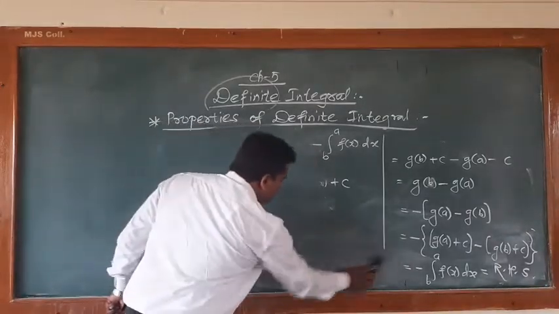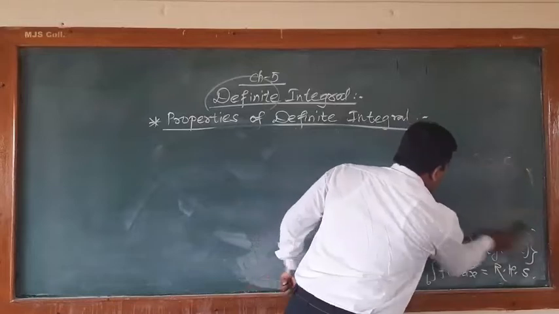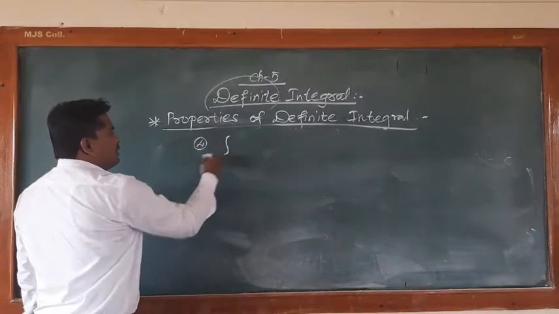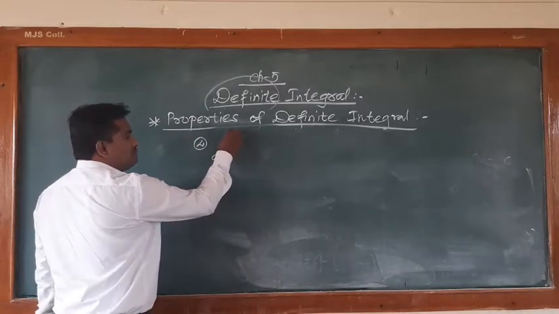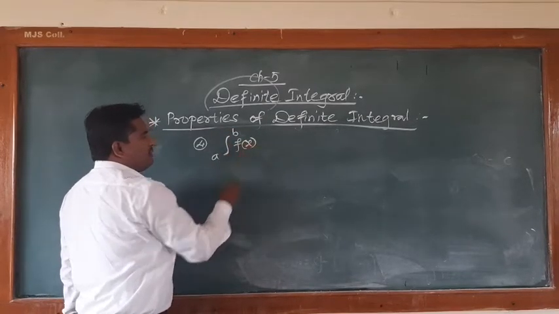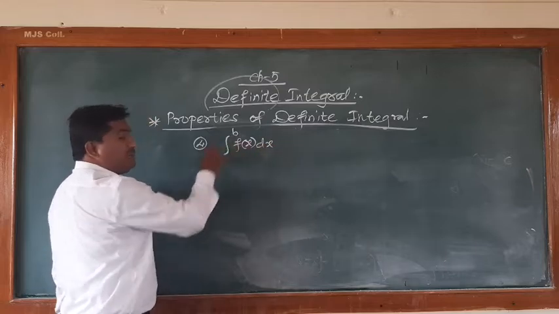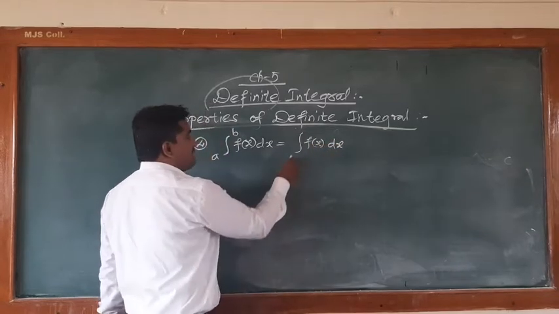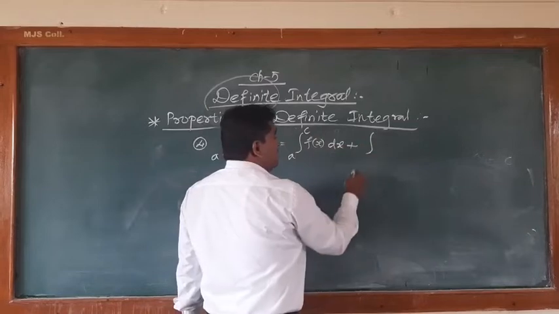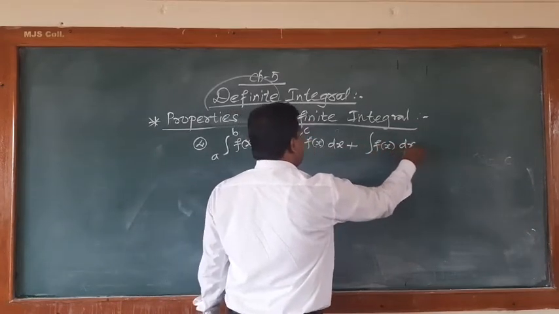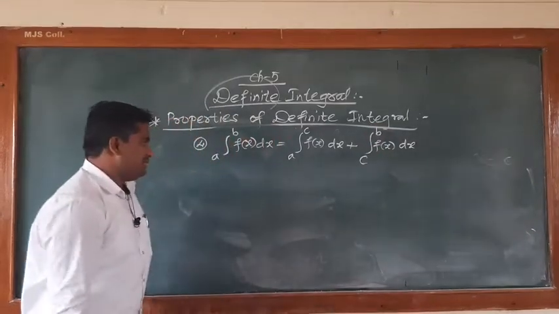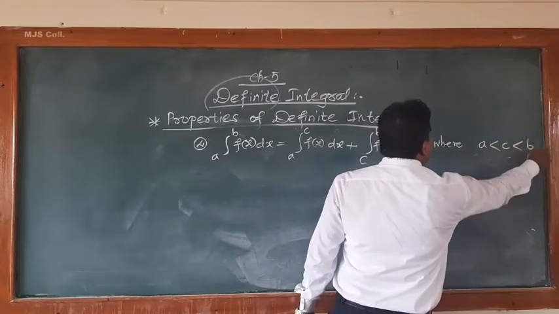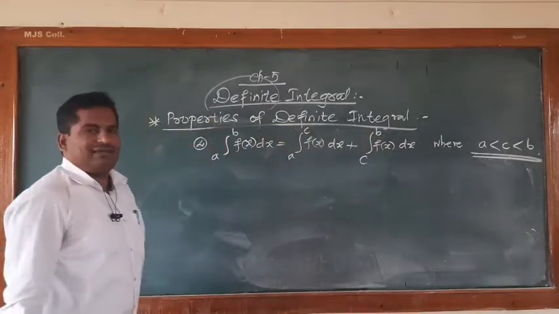The fourth property is the integration of f of x with respect to dx from a to b is equal to the integration of f of x with respect to dx from a to c, plus the integration of f of x with respect to dx from c to b, where c lies between a and b.